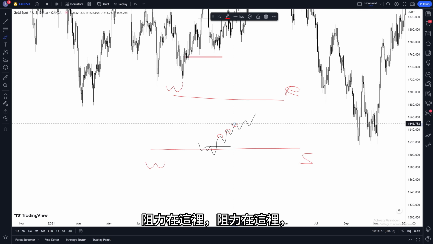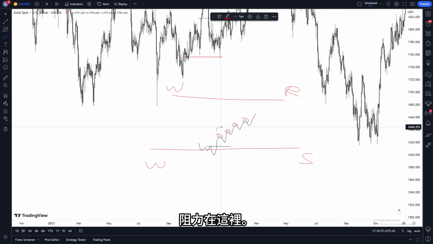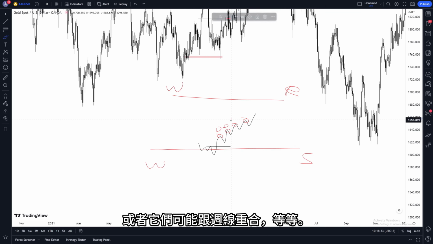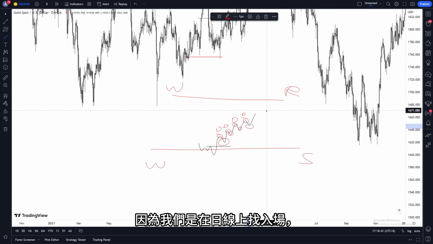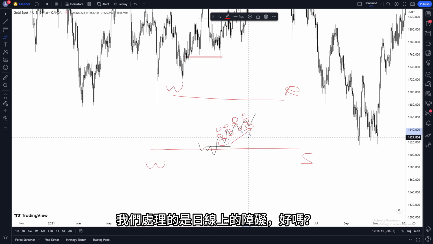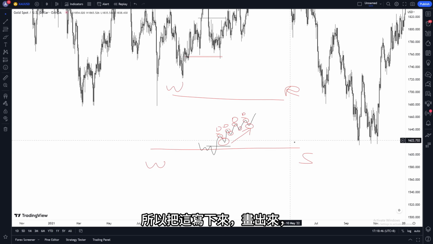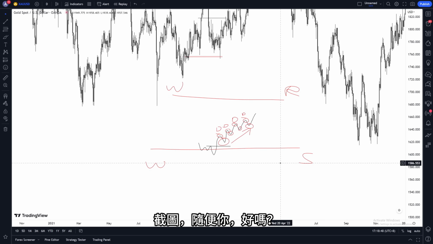The resistance was here, resistance was here, resistance was here. All of these would be dailies, or maybe they're together with weeklies, etc. All of these would also be dailies, because we're dealing with entries on the daily, we're dealing with obstacles on the daily. Okay, so write this down, draw this out, take a screenshot, whatever.